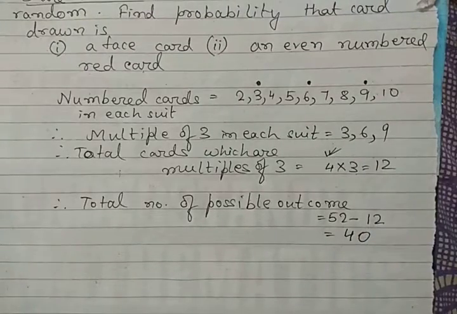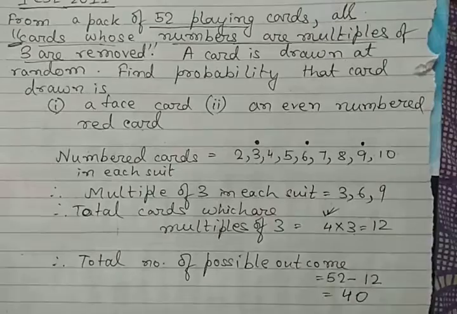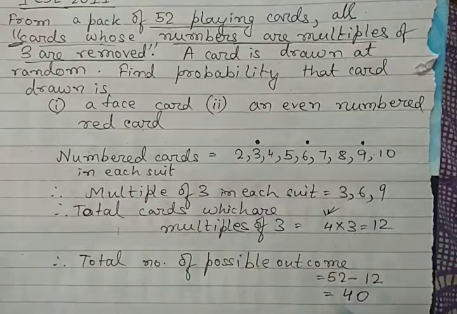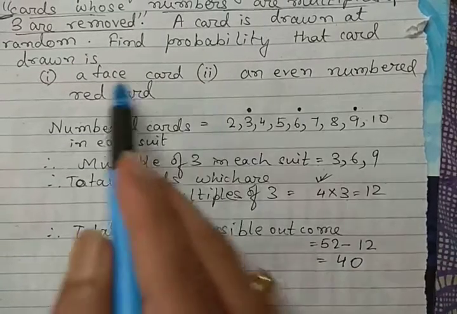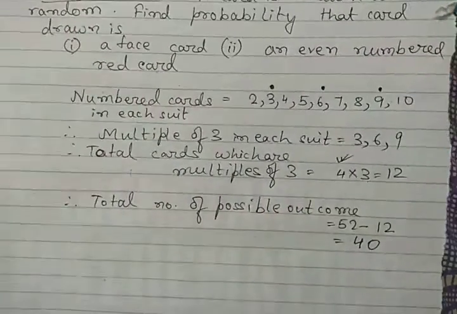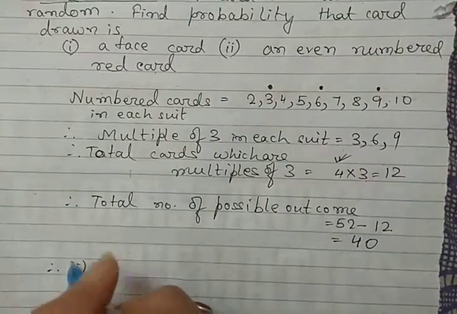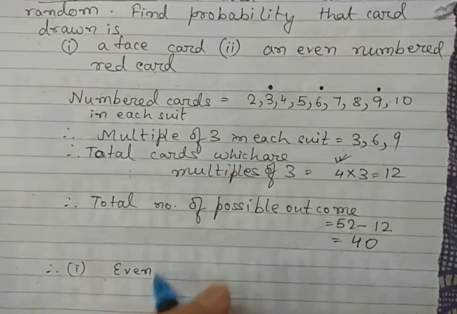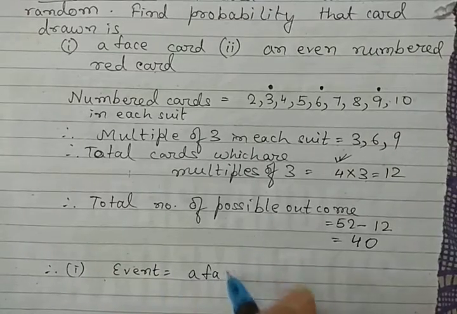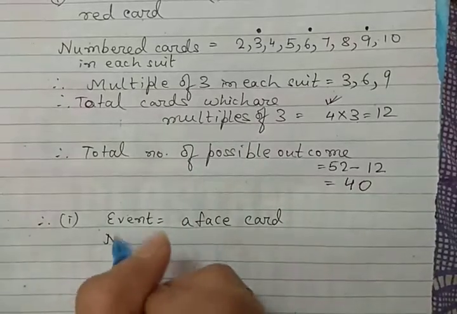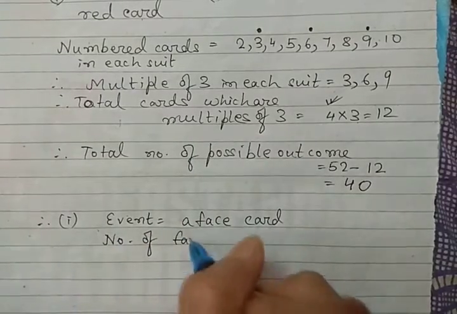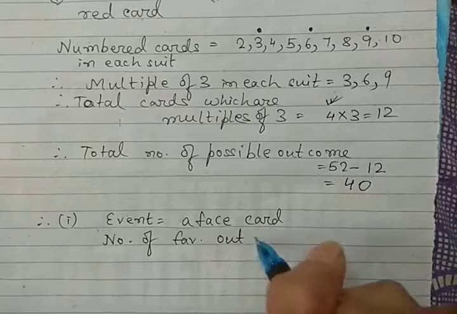So first we have to find this. Now each card is drawn at random. That means one card is drawn out of the 40 cards. So first we have to find the probability of a face card. Therefore event 1 is a face card. So the number of favorable outcomes: how many face cards are there?